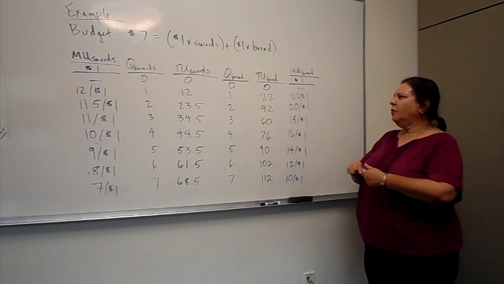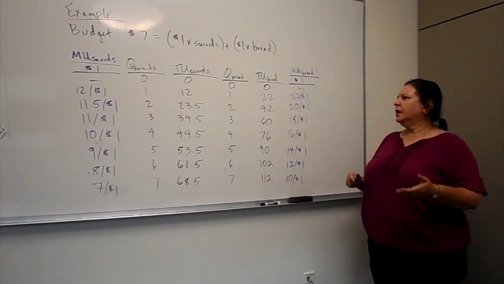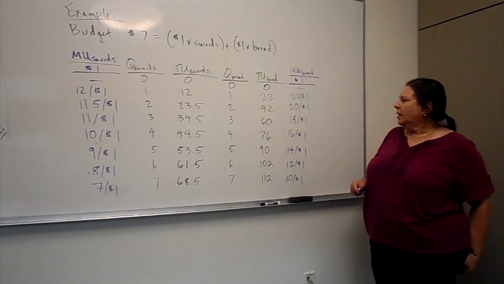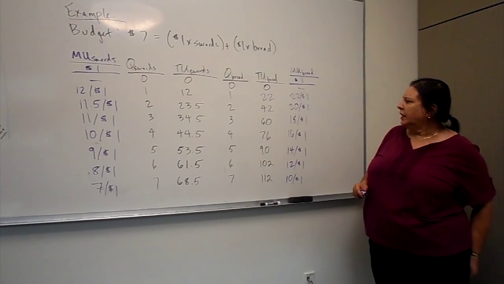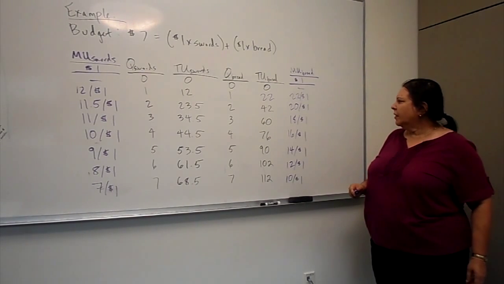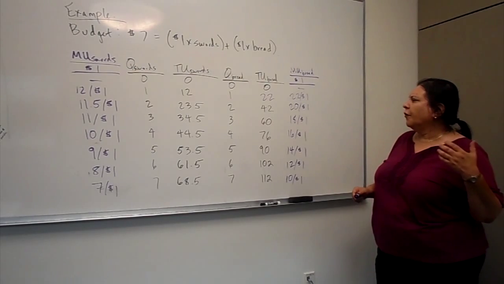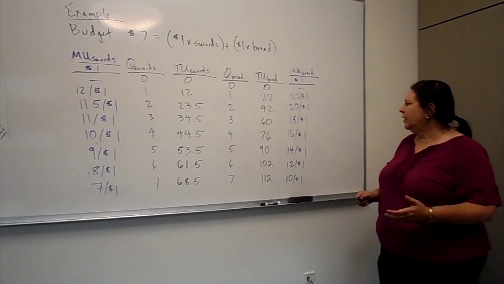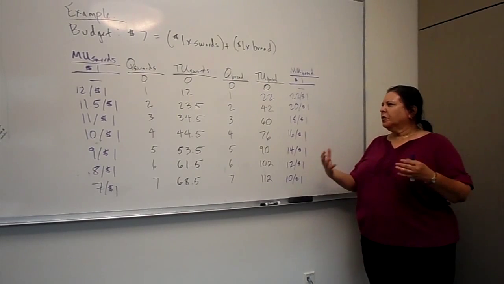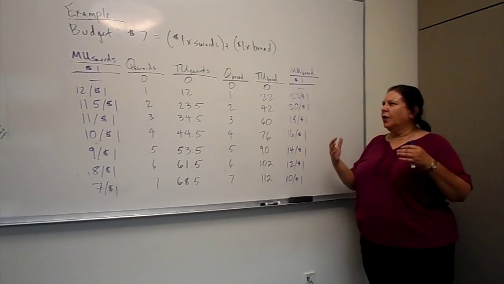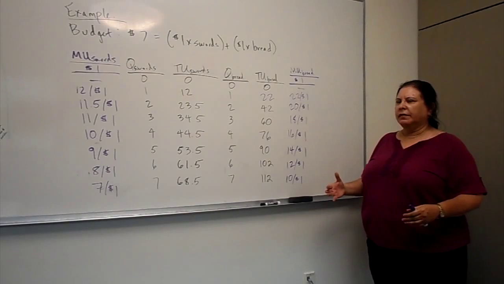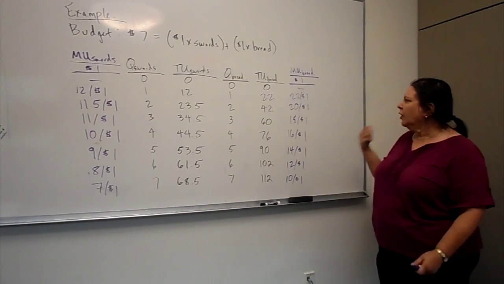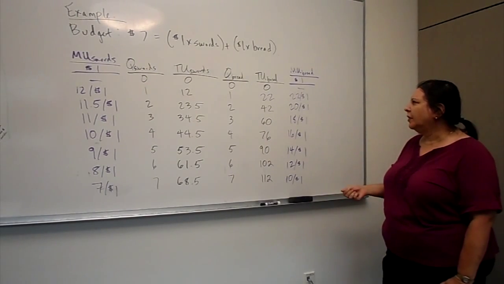Now what we're going to do is look at for which good the extra utility is greater. Right now we're not spending any money on anything. Where do we want to spend the first $1?